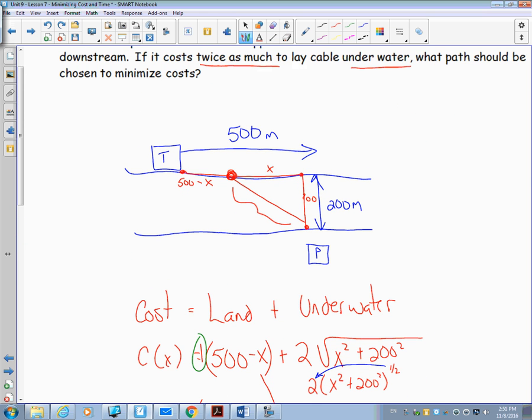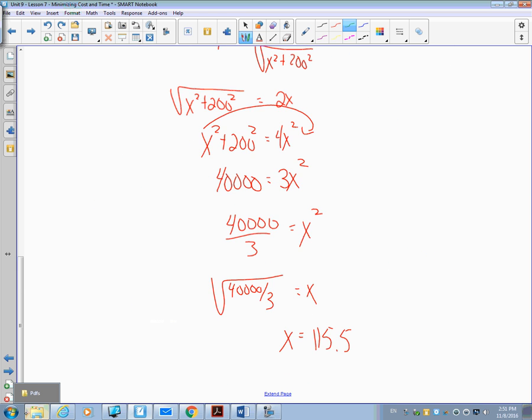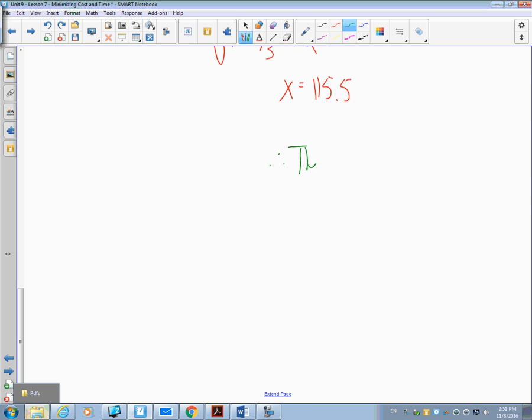So the question was, what path should be chosen to minimize costs? Well, x is 115.5, so how much should be on land? The land piece should be all of this. So 500 minus 115.5 gives us 384.5. Therefore, the first 384.5 meters should be on land, the rest underwater.